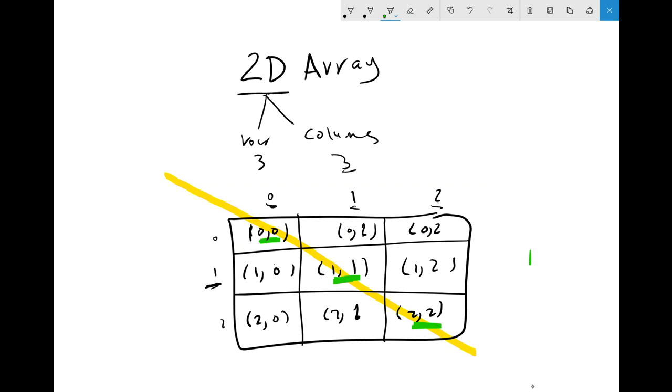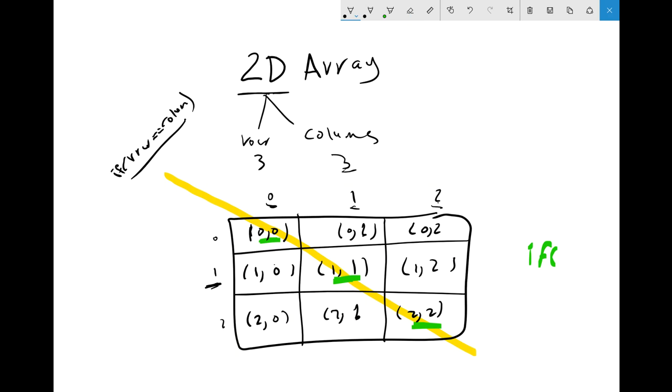So I would say if row equals column, that means you print the diagonal. So whenever row equals column, you mean the main diagonal.